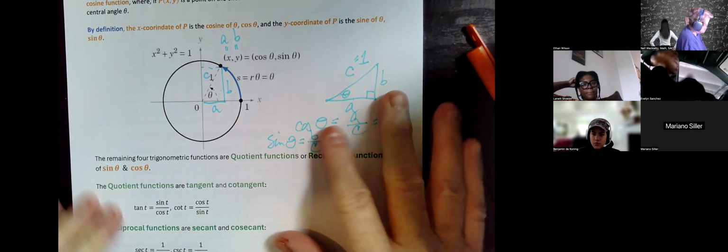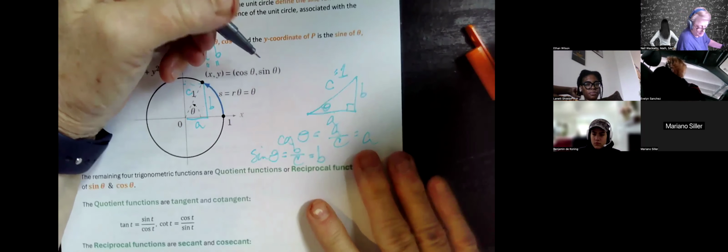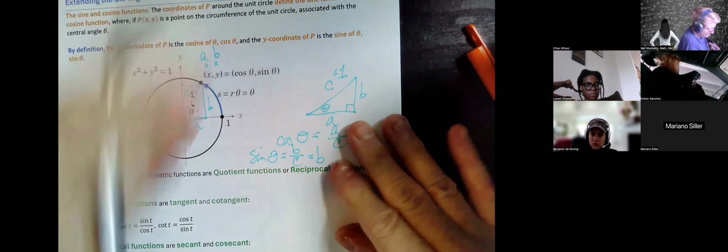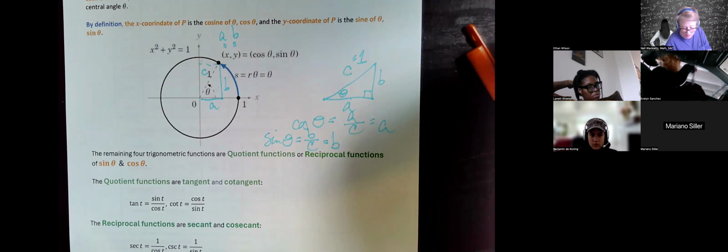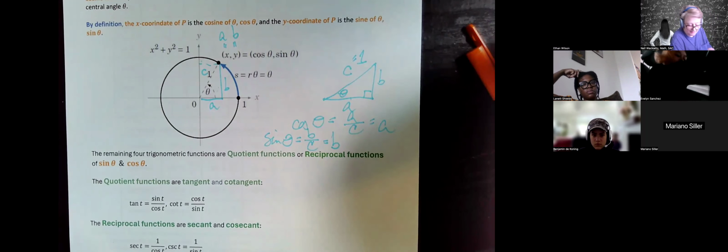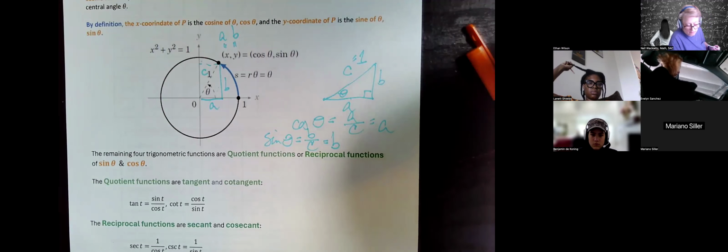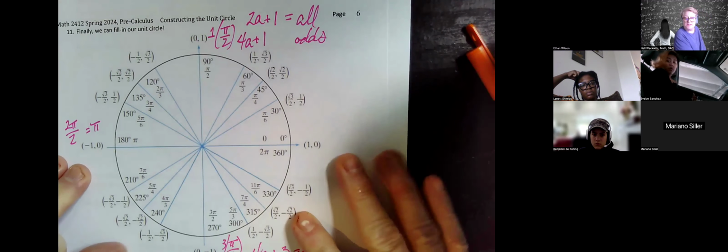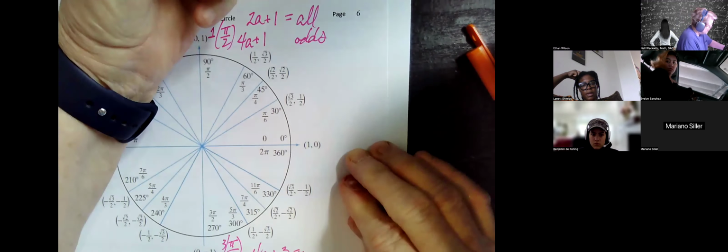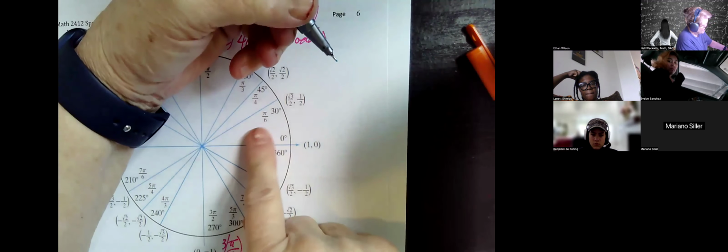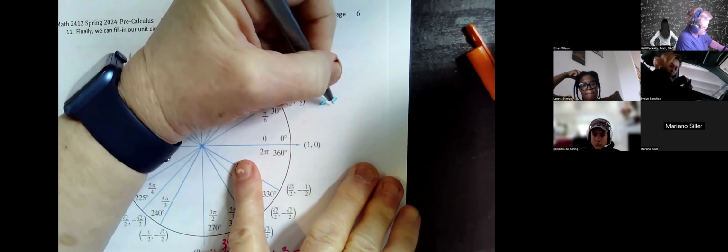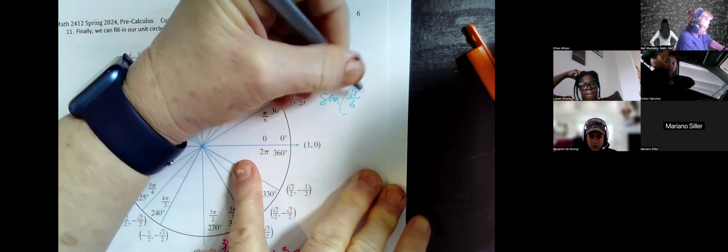So let's think of the ones we know. Let's just go back to our pretty unit circle. There we go. So let's find the sine and cosine of pi over 6. What is the sine of pi over 6?